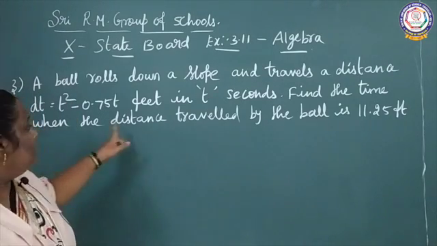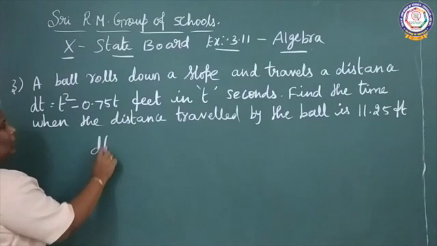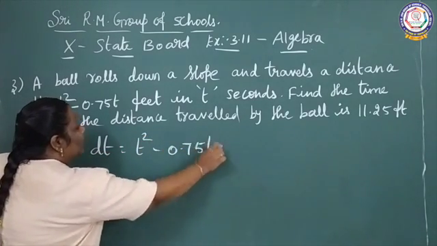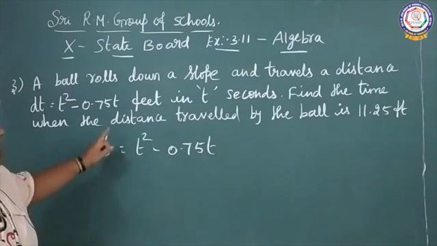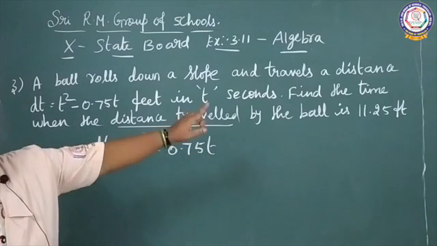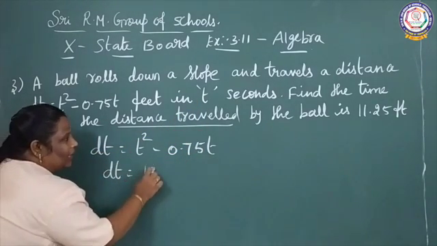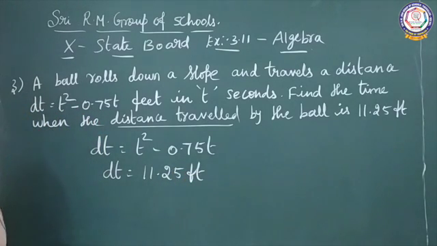See here, that distance they have told us d(t) equal to t square minus 0.75t. But you should find the time when the distance travelled by the ball is 11.25 feet. So the d(t) value they have given us is 11.25 feet.